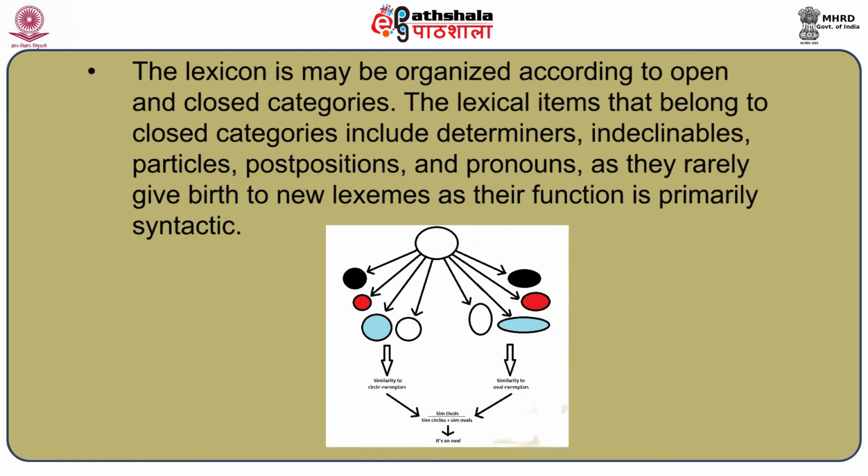A lexicon is organized according to open and closed categories. The lexical items that belong to closed categories include determiners, indeclinables, particles, postpositions, and pronouns, as they rarely give birth to a new set of lexemes, as their function is primarily syntactic.